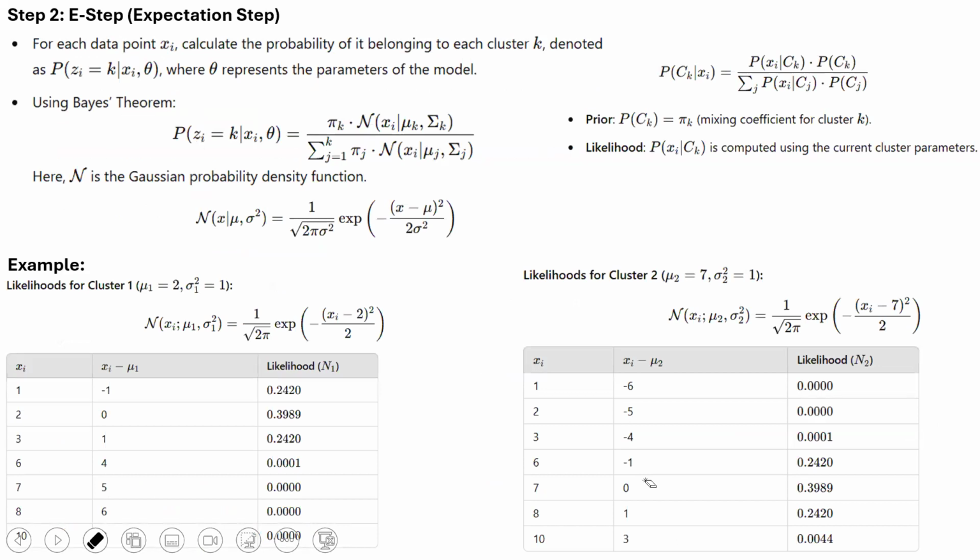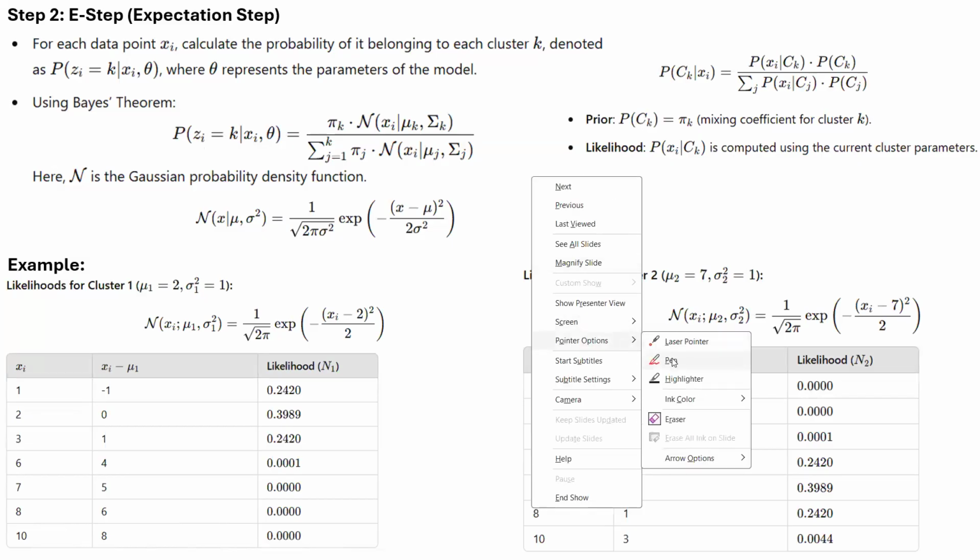In the expectation step, for each data point xi, we calculate the probability of it belonging to each cluster k. These are the parameters that are given: xi and theta are the parameters of the Gaussian model, whatever model you choose.